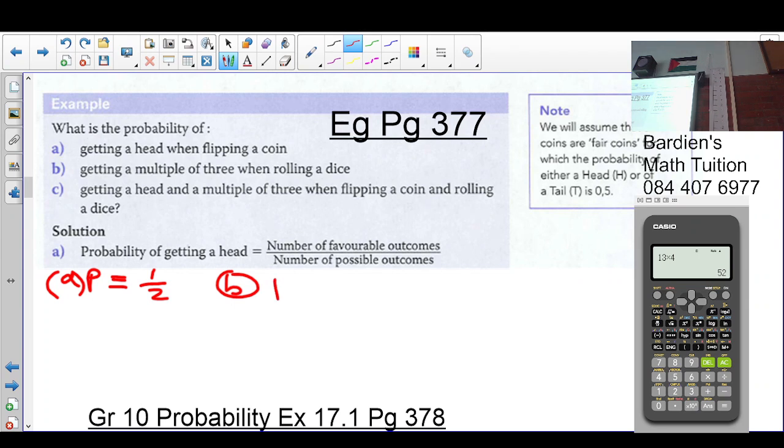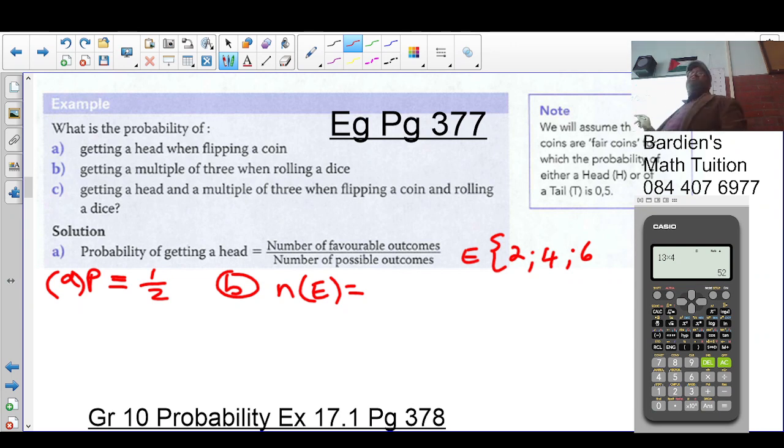So the number stands for the number of favorable outcomes. What are the favorable outcomes for even numbers on a die? 2, 4, 6, 8. No, 8 is not on the die, no? So 2, 4, 6.